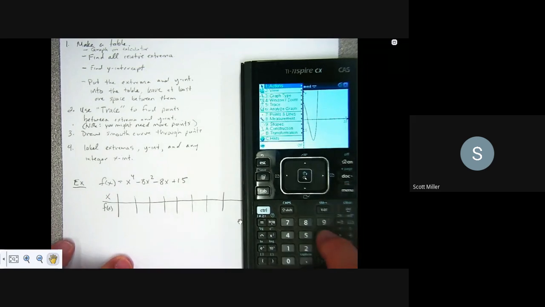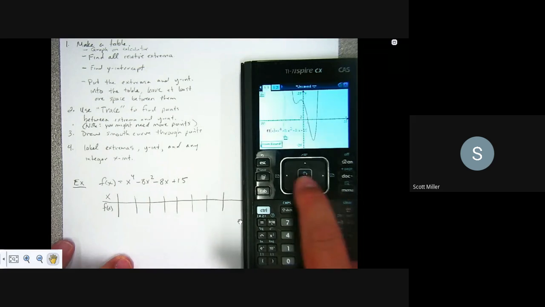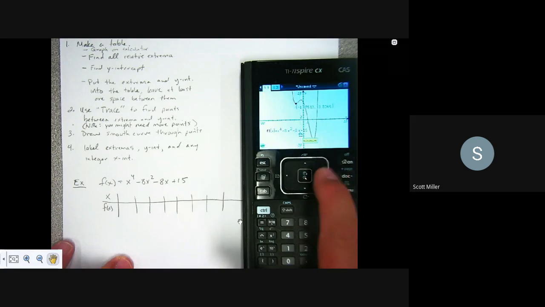We'll use our calculator to do so real quickly. Menu, analyze the graph, and we'll find a minimum. We'll do this real quickly here to get those points up in there. So there's one.